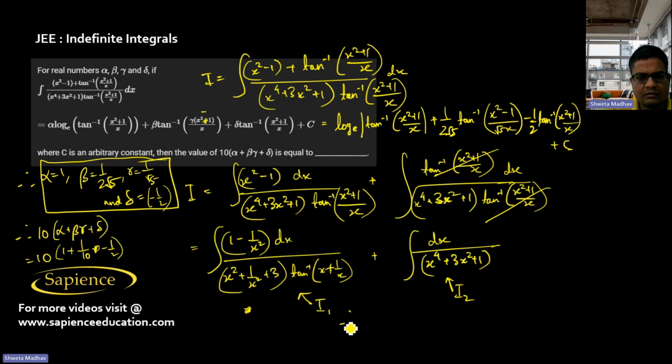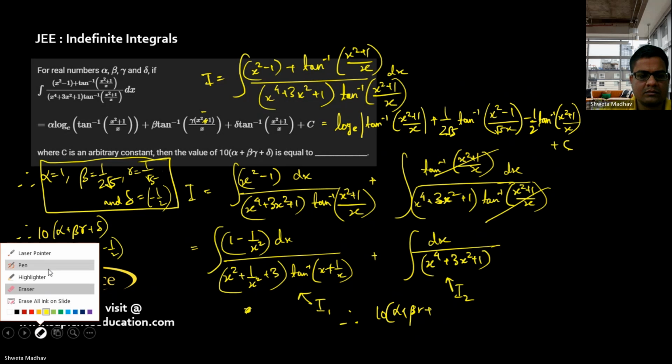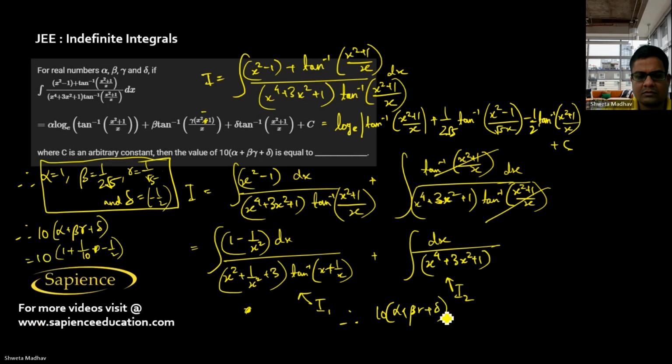So this will be 10 into 1 minus half, that is half, plus 1 by 10. So 2 5s are 10, 5 plus 1, that is 6. So 6 is the answer.